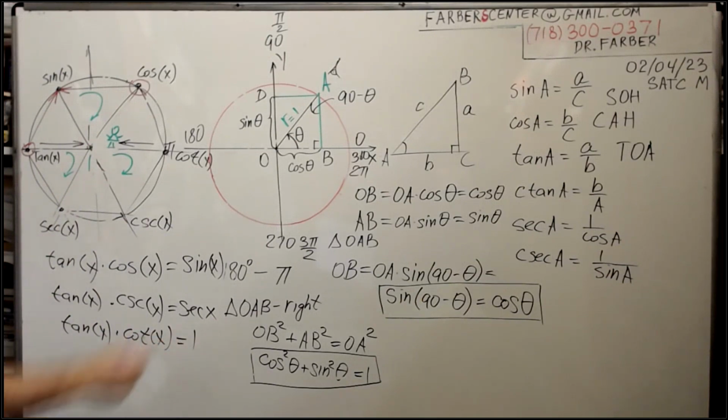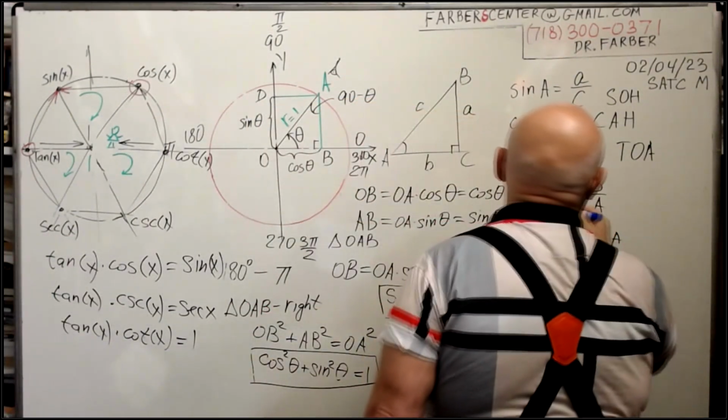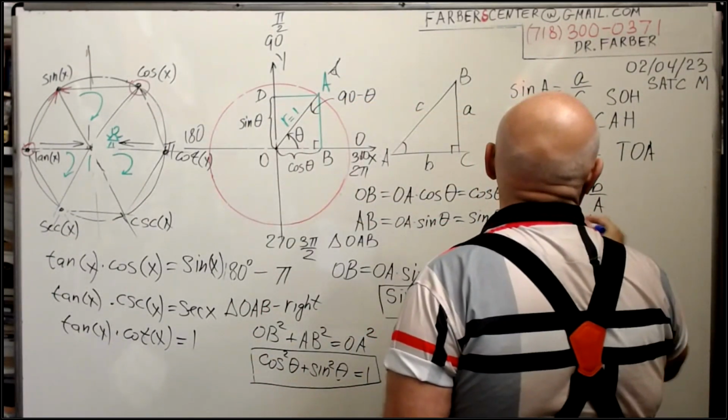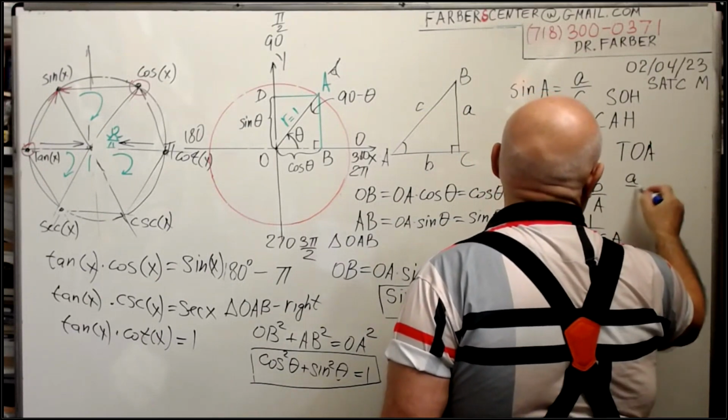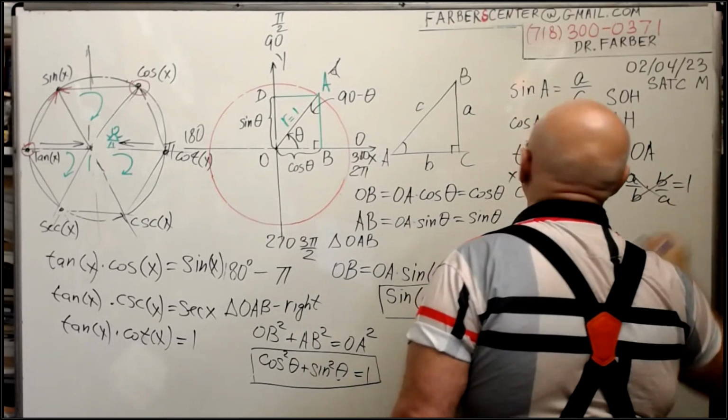And you can easily see from this relationship, cotangent and tangent are opposite. If you multiply this times this, it would be A over B times B over A, cancel out, equals 1.